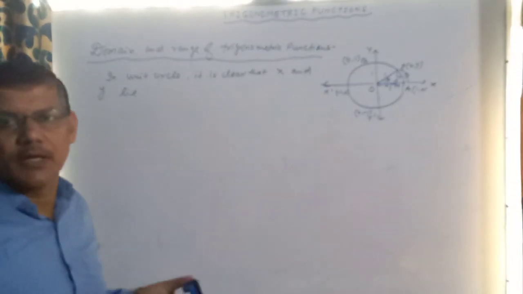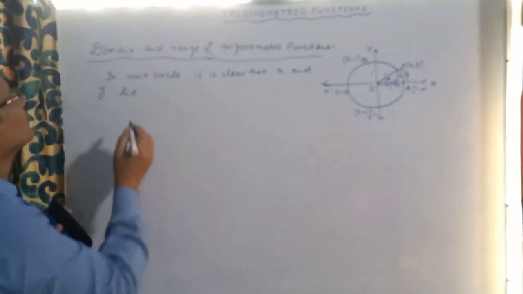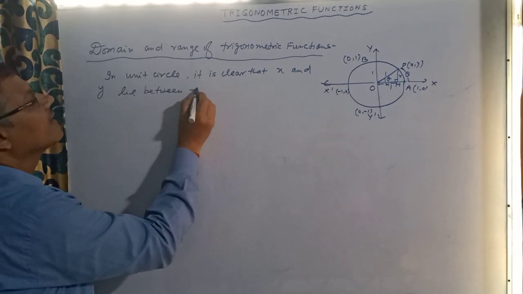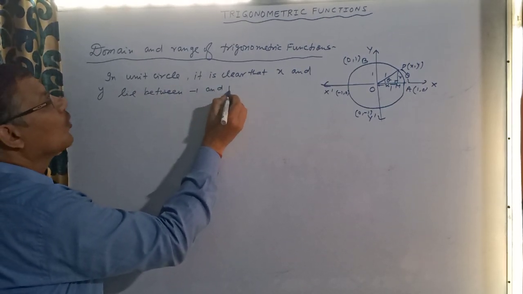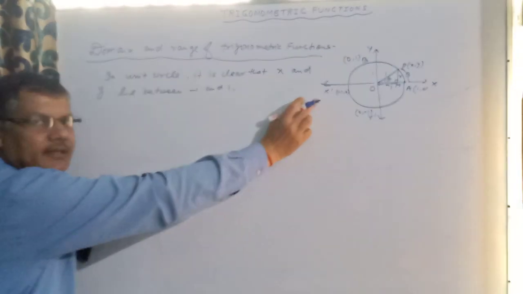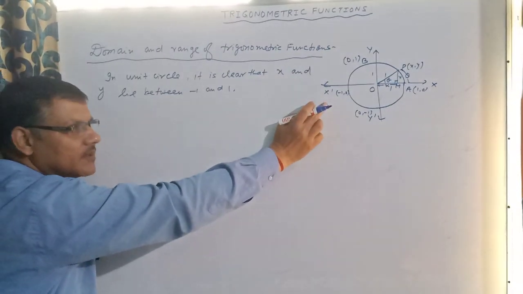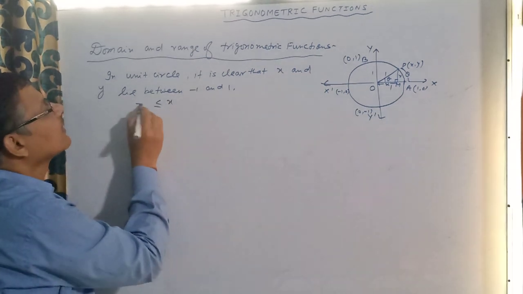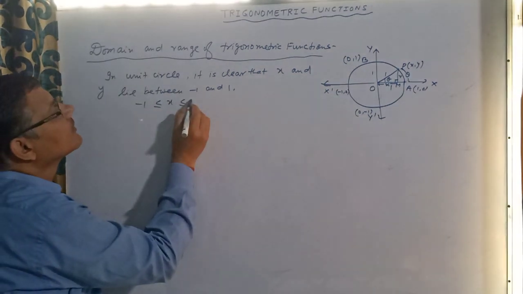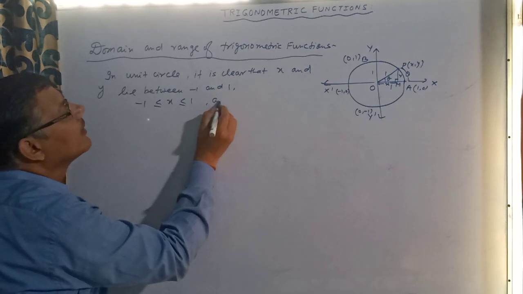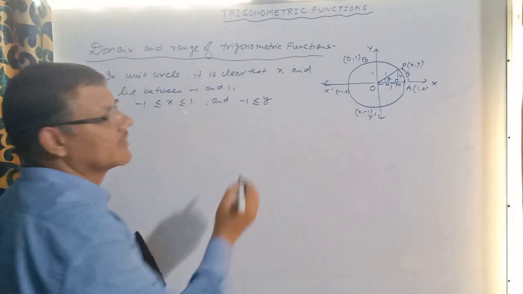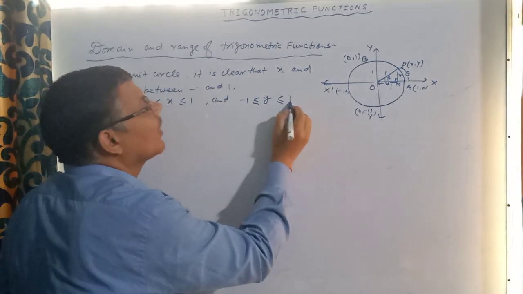The minimum value is minus 1 and the maximum value is 1. From this figure we get the minimum value of x as minus 1, so we write x is greater than or equal to minus 1 and less than or equal to 1, and y also takes values starting from minus 1 up to 1.